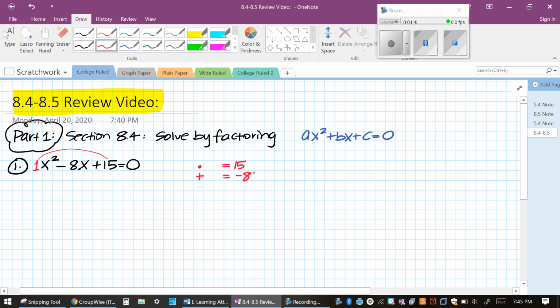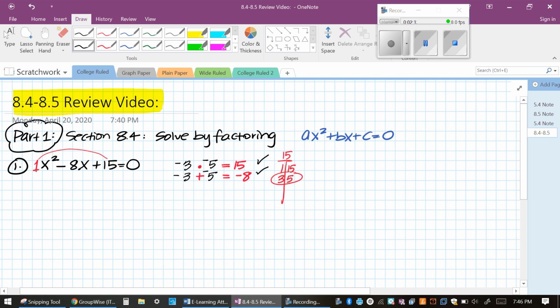So you're going to list all the factors of 15 starting with 1, check 2, check 3, etc. Find the two that would add to negative 8. Play around with your positives and negatives till you get the combination that works.